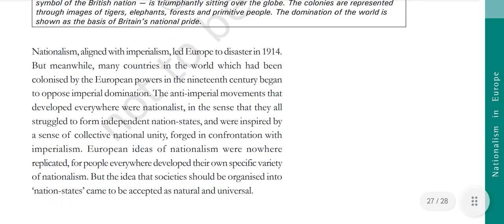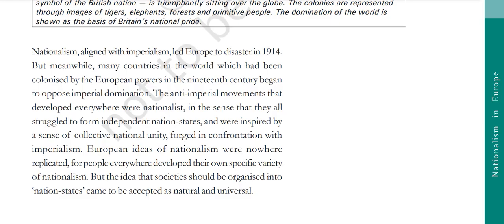Nationalism, aligned with imperialism, led Europe to disaster in 1914, but meanwhile, many countries in the world which had been colonized by European powers in the 19th century began to oppose imperial domination. The anti imperial movements that developed everywhere were nationalist, in the sense that they all struggled to form independent nation states and were inspired by a sense of collective national unity forged in confrontation with imperialism.